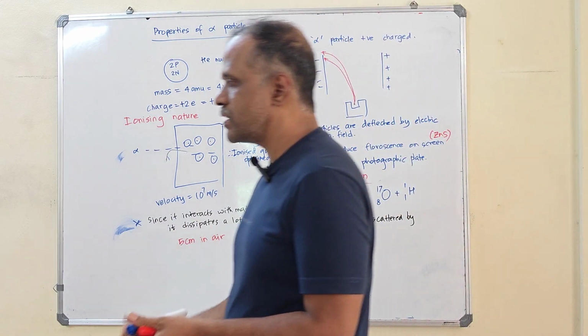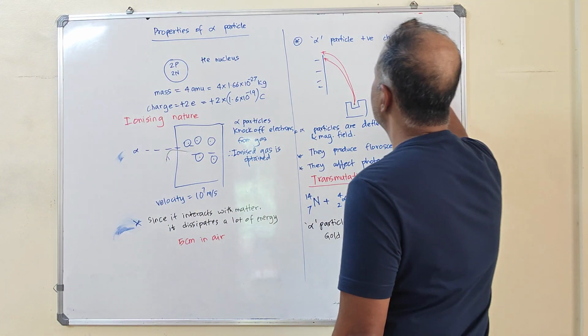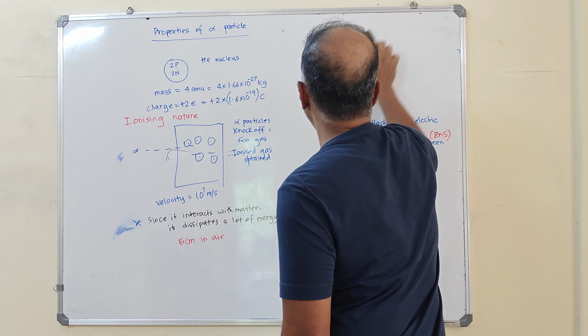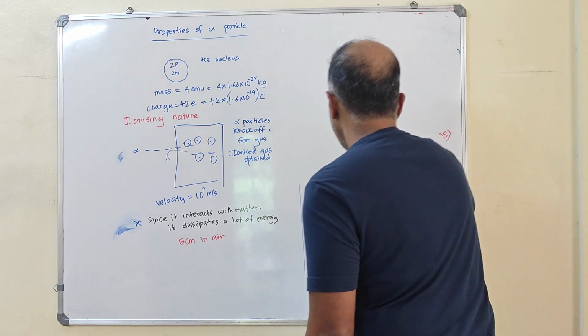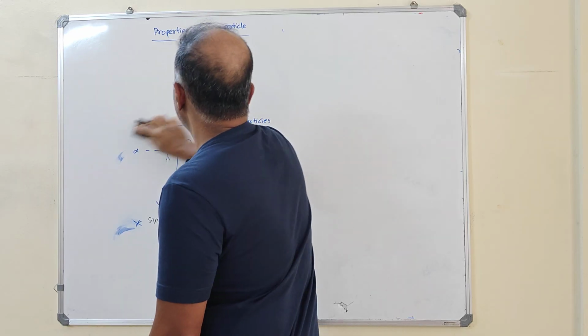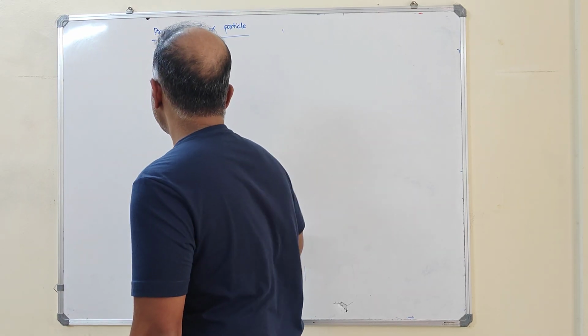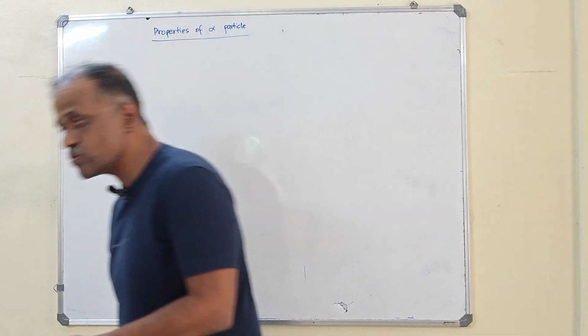Now let us study what beta particles are. I think you have followed this. Now we will study about the beta particles. You know that beta particles are produced inside the nucleus.